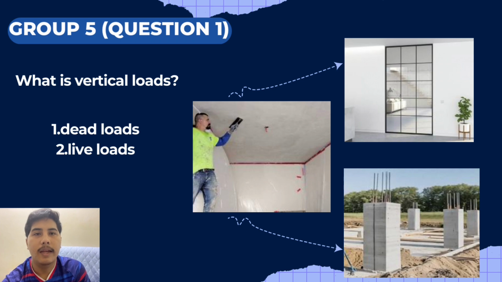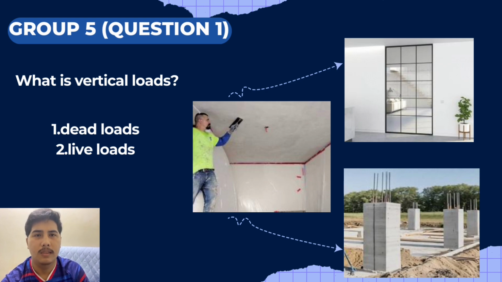Second is strength. Structural members must be strong enough to resist the compression and bending forces caused by vertical loads. The third is serviceability. The structure must not deflect or deform excessively under loads, which can cause discomfort or damage to finishes.